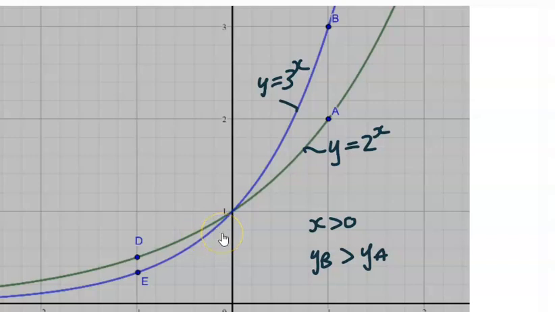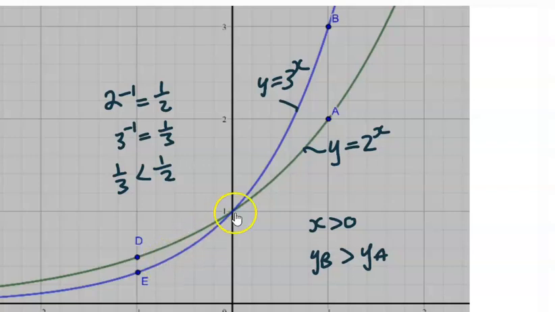If I look at minus 1, if I say what is 2 to the minus 1, that is a half, but what is 3 to the minus 1, that is a third. And most definitely a half is greater than a third. So that's why the blue graph is now below the green graph.